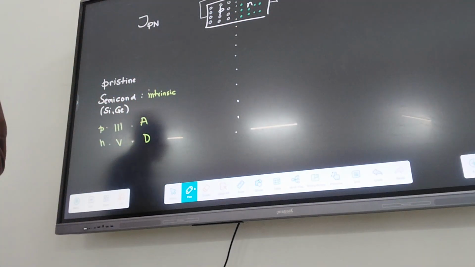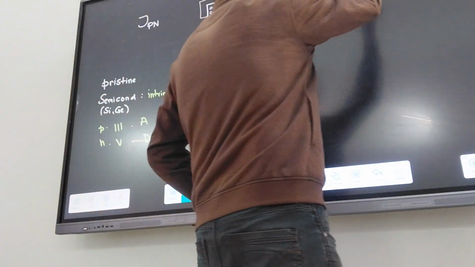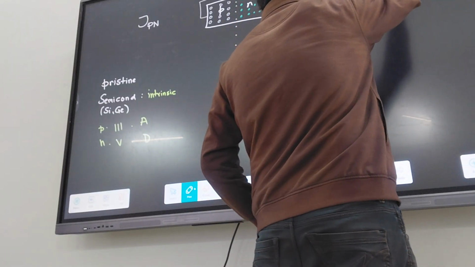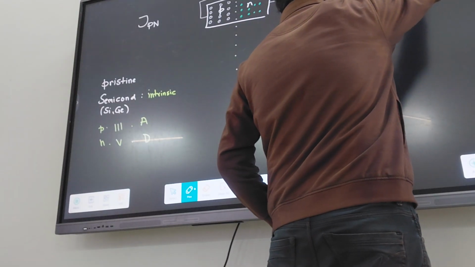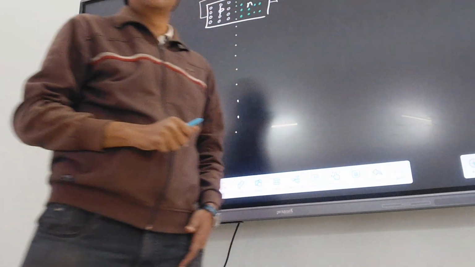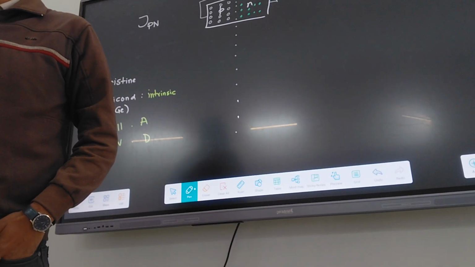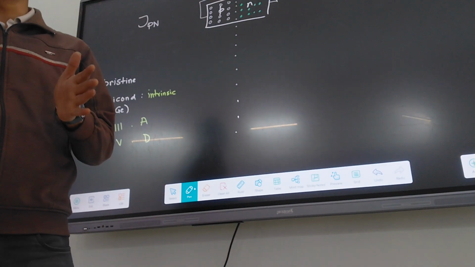This is open. Now, even if it is open, there is a concentration gradient. Concentration gradient of electrons and holes. Concentration gradient मतलब क्या? Concentration per distance.